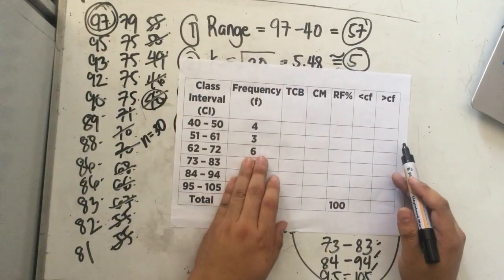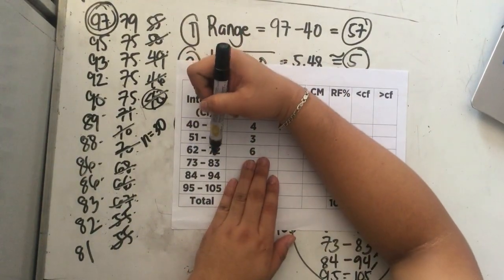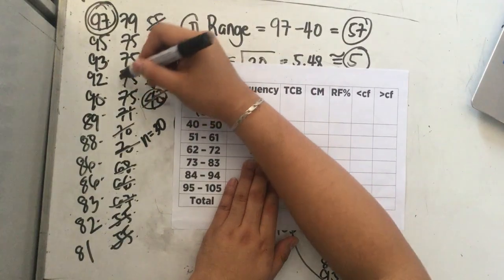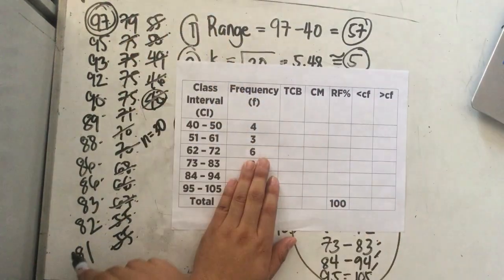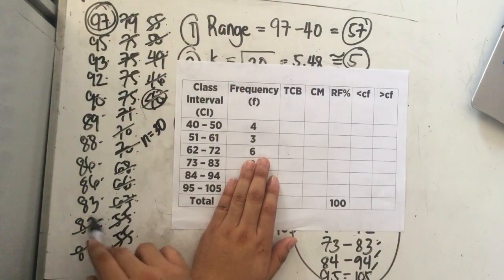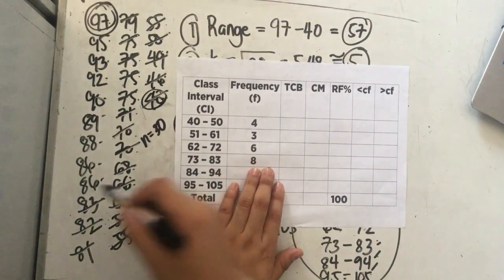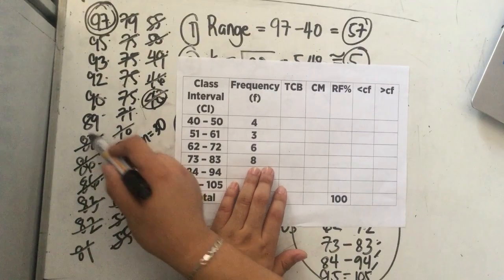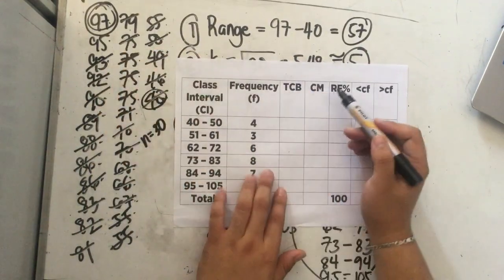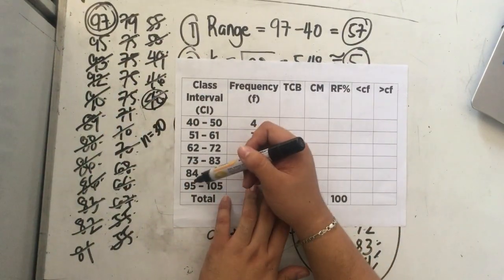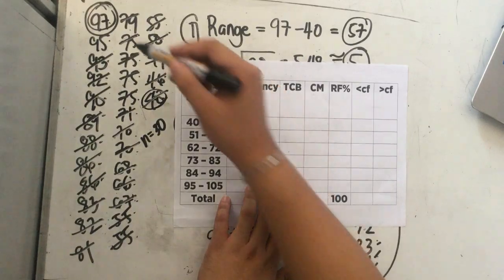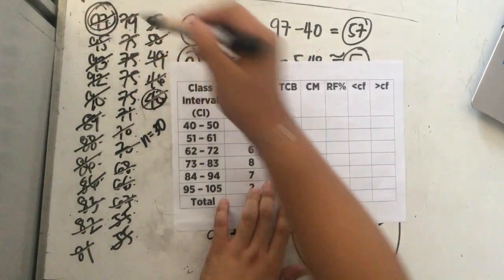6. Okay? Next, we have 73 to 83. 1, 2, 3, 4, 5, 6, 7, 8. We have 8. Then we have 84 to 94. 1, 2, 3, 4, 5, 6, 7. We have 7. And then from 95 to 105, we have 1, 2. We have 2.